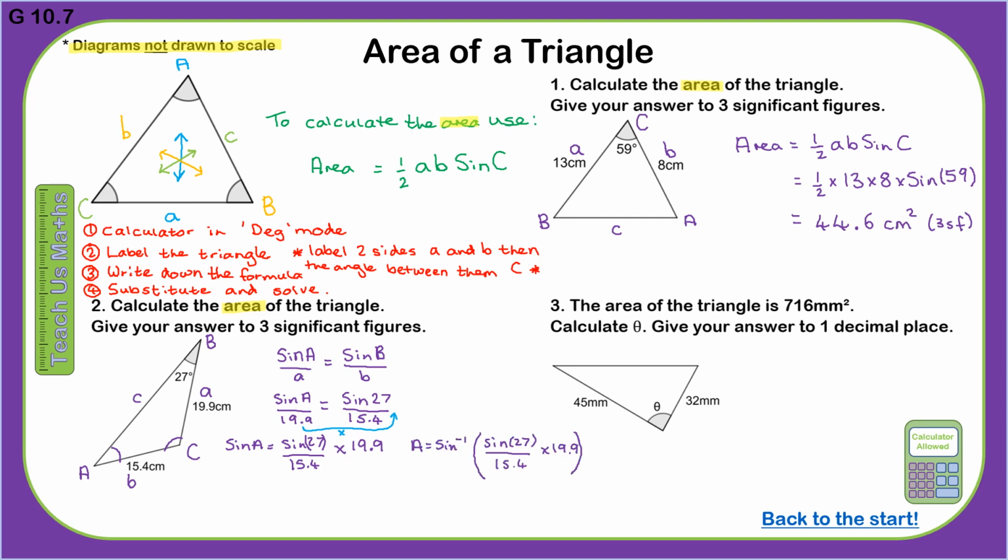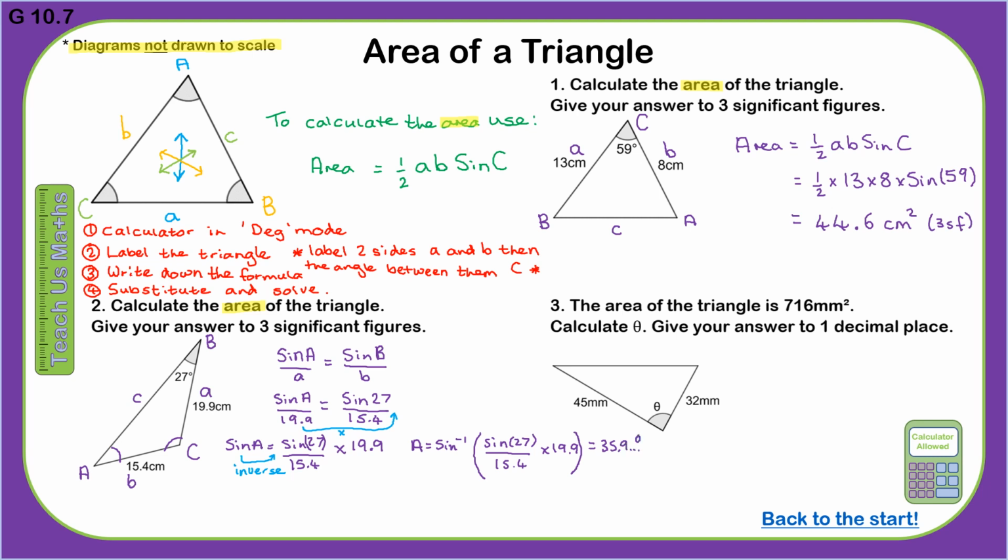So putting this into my calculator, remembering always to check that it's in the correct mode, I get that angle A is equal to, and again it's a long decimal, 35.9 ... degrees, because it's an angle.